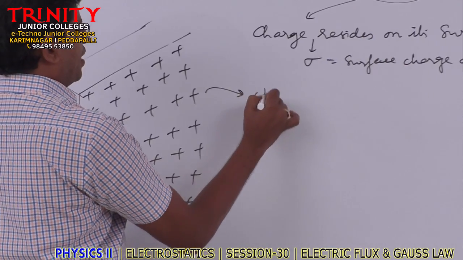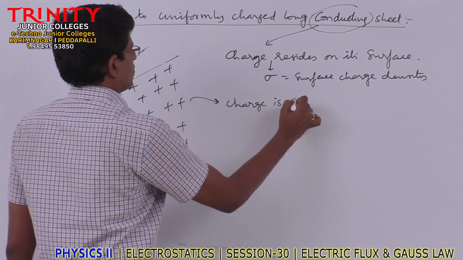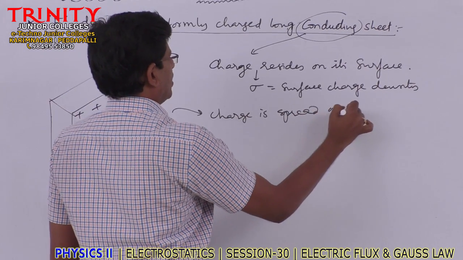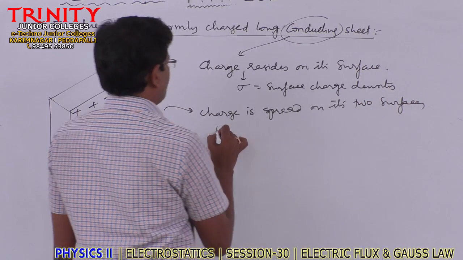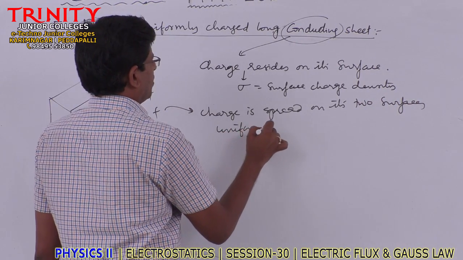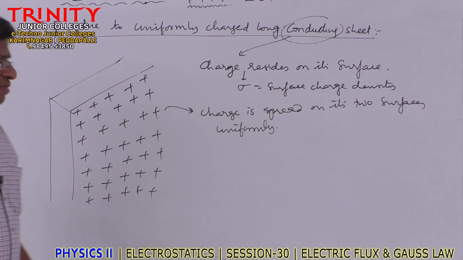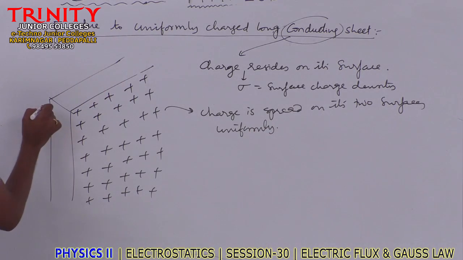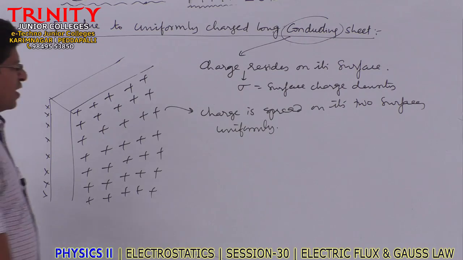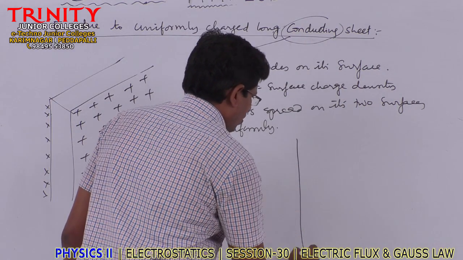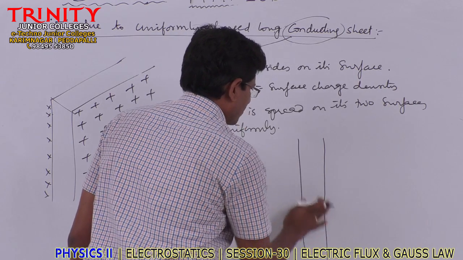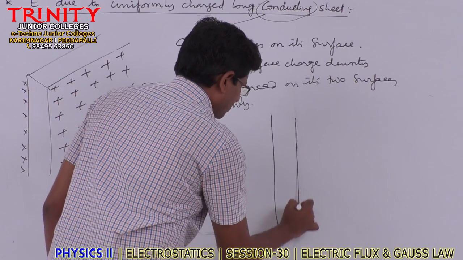The charge is spread on its two surfaces uniformly. How they are spread? Uniformly. The other side I cannot draw here, but let me imagine like this. The charge is there, background also, right? And let me show the cross section of this. This is the cross section of that, okay?